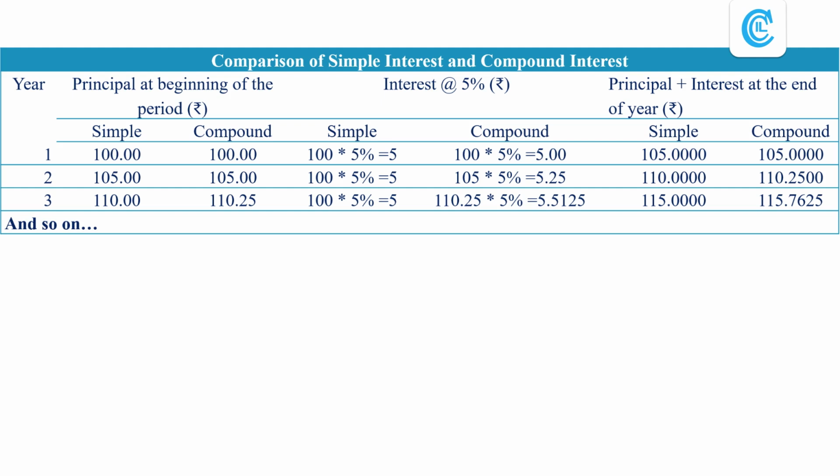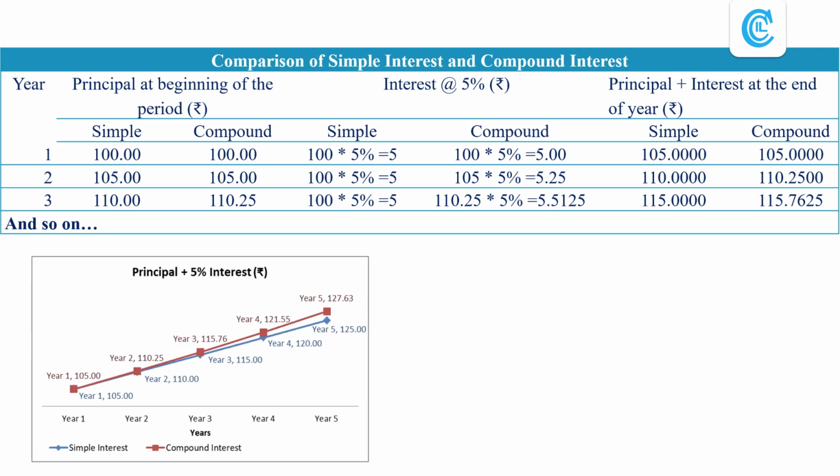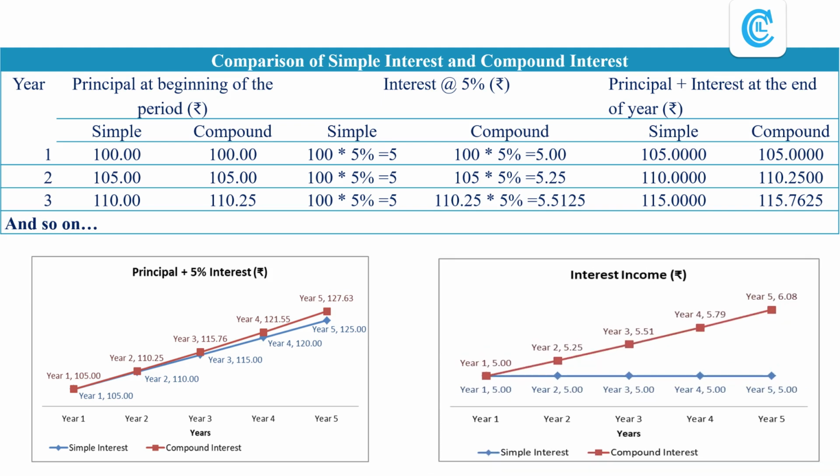This example illustrates the difference between simple interest and compound interest income earned by an investor over a period. The cash flow difference starts widening the longer the period of investment. This difference is on account of the interest earned on the interest income under the compound interest method.